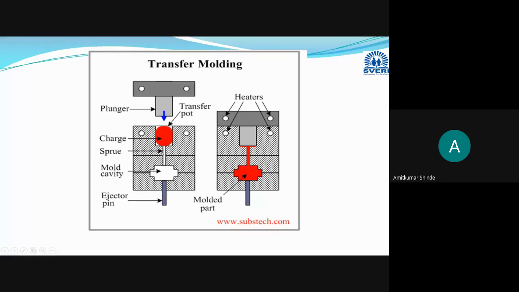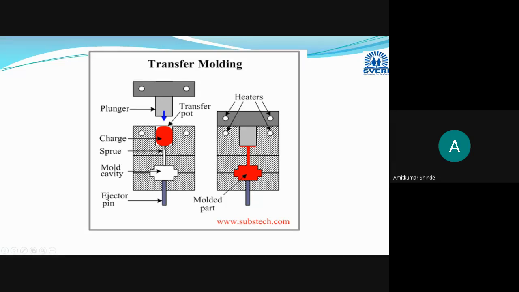Through this sprue, you can use a sprue or runner and gate arrangement, depending on the number of components you are going to manufacture, and you can change this arrangement. Through this sprue, we force the material. Whichever raw material we have collected and heated is now in softened form, and it is pressed with the help of this plunger.